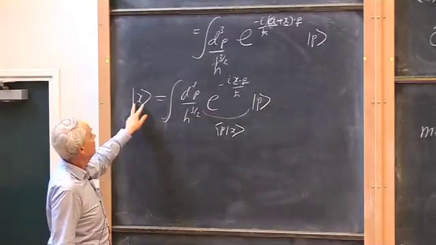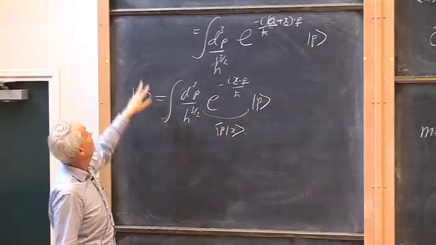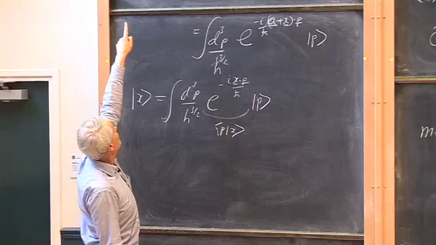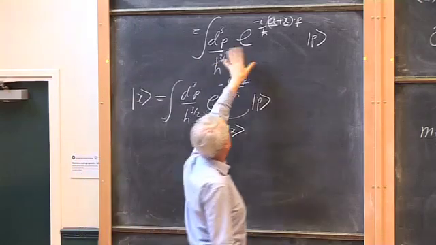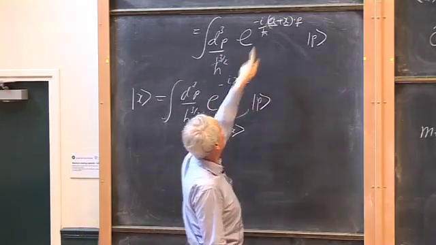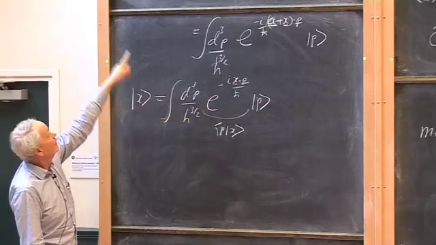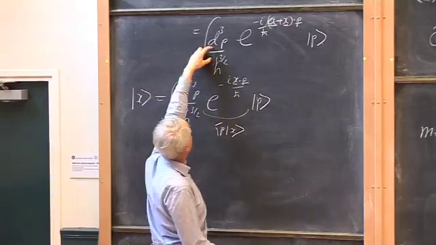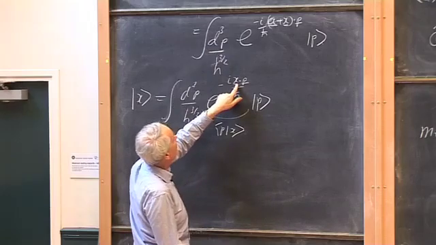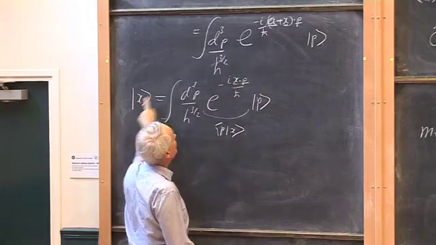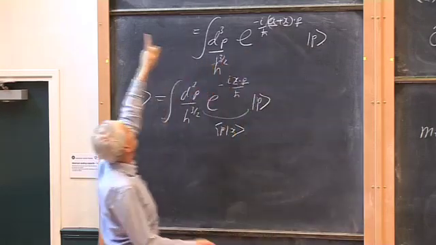So since this is the general formula, this state that we're producing, UA on x, is given by the same formula, but with x replaced by x plus a. Right? Because the only difference between this formula and this formula is that here we have an x, and here we have an x plus a, so we should have an x plus a.